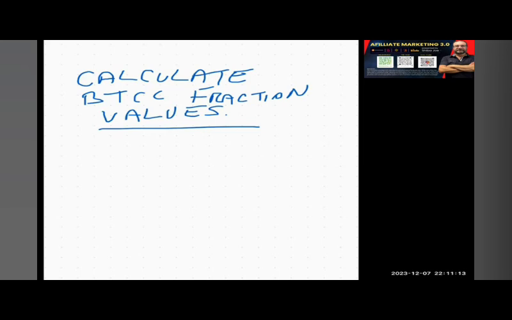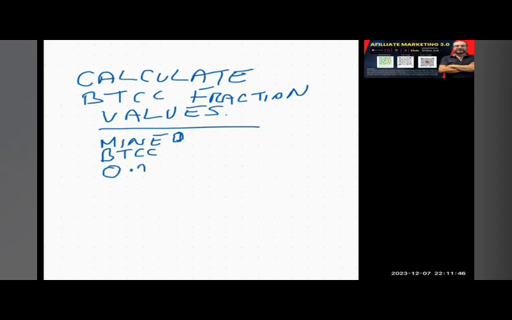So if you start with your mined BTCC, let's say you're either sending somebody or you've already mined a part of a BTCC, and let's say that is 0.25. So that's a quarter of a BTCC.